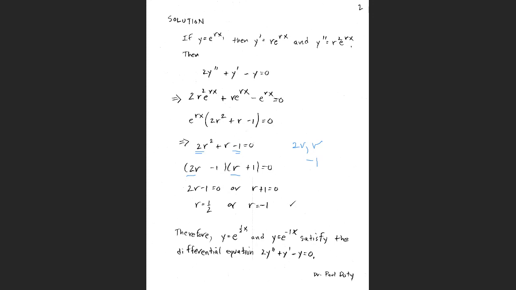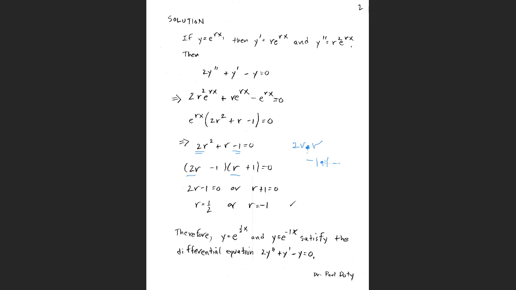Like 2r times r is equal to r squared, right? So that's how I get the 2r times r.